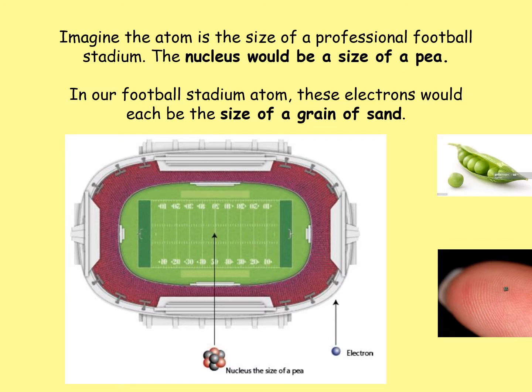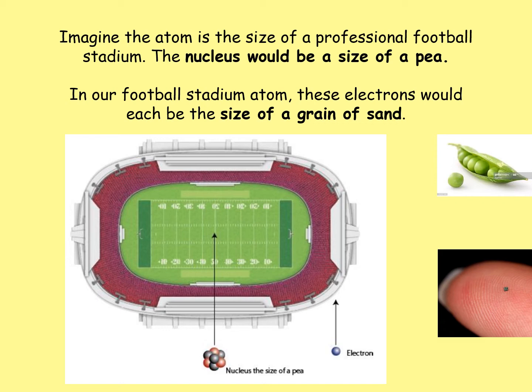Okay, to really understand atoms, we need to get a concept of size, so you're going to have to do a bit of imagining for this bit. I want you to imagine a football stadium. I know this is an American football stadium, but for the British equivalent, think of any giant professional football stadium you can think of. If an atom was the size of a giant football stadium like this, and we wanted to find the nucleus, where the protons and the neutrons are, it would be in the middle of that stadium.